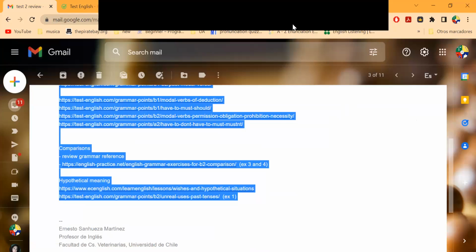Y esto me tengo que salir de acá e ir al WhatsApp. Y aquí, no, eso es International Exams, aquí. Pegar. Pum, ¿ya? Entonces ahora vuelvo a share screen.